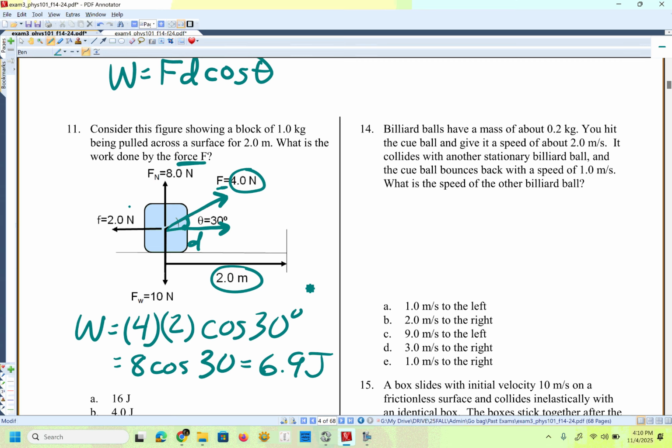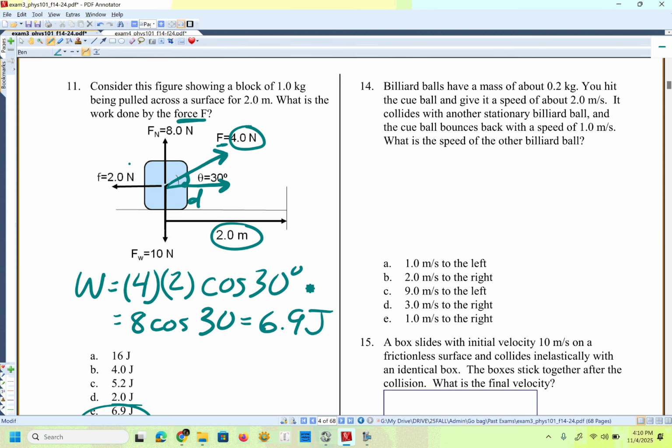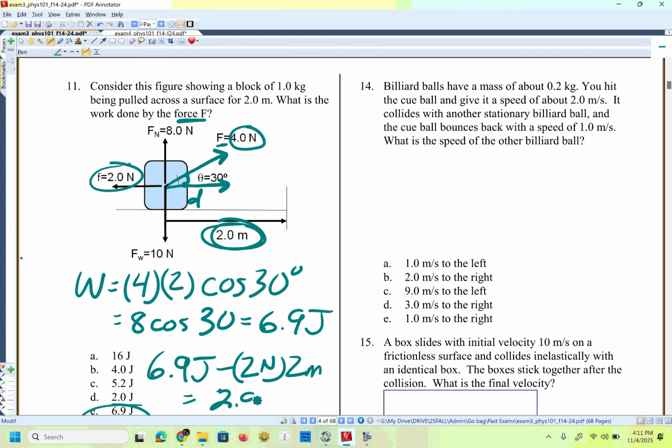Positive or negative work? Negative work. So I could ask you what is the total work being done, and the total work being done would be 6.9 joules minus this force, 2 newtons, times the displacement over which it acts, also 2 meters, and so that would be 6.9 minus 4, 2.9 joules. Those are two possible problems.